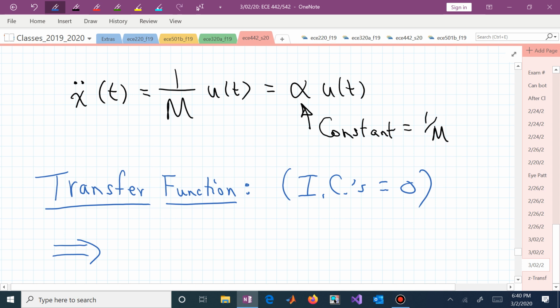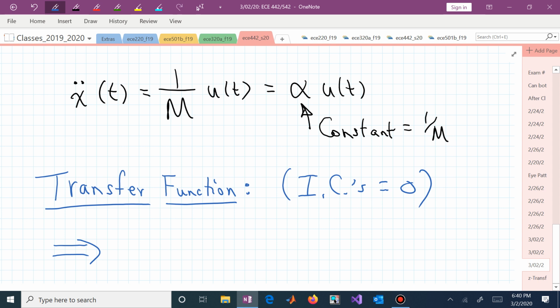What's the Laplace transform of the second derivative of x? What's the Laplace transform of the first derivative of x? What do you do in the Laplace domain to differentiate in the time domain?